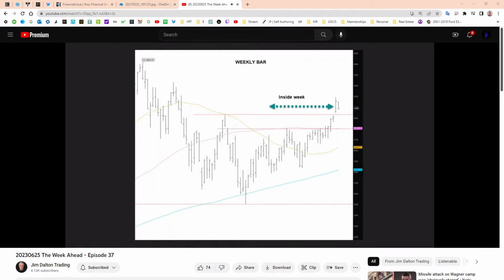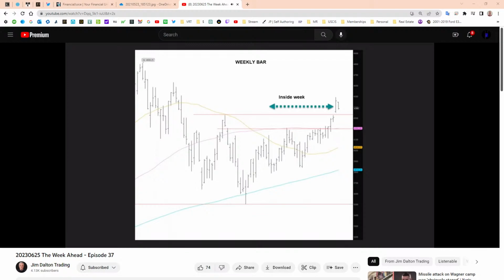Next week is potentially the most important week ahead for traders as well as investors. My reasoning is as follows. We have been in a strong trend to the upside for several months. Last week signaled potential change with an inside week to the downside.